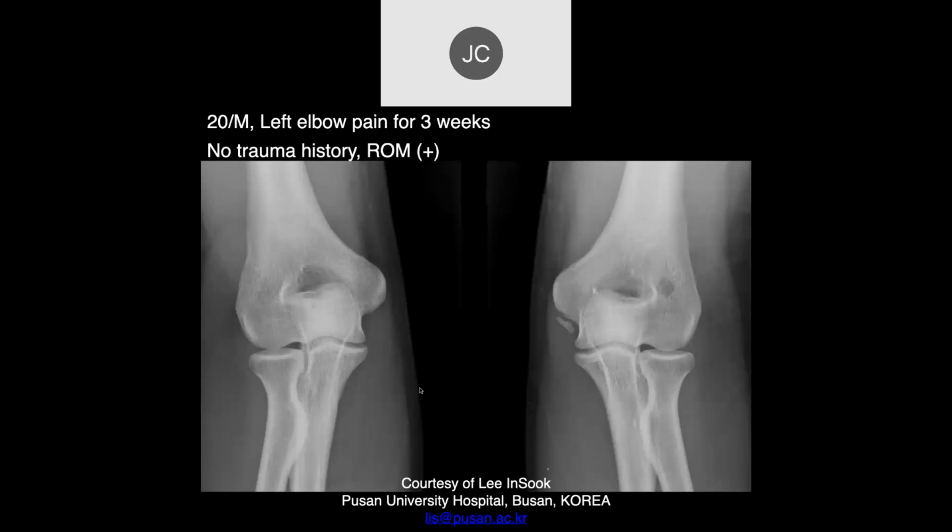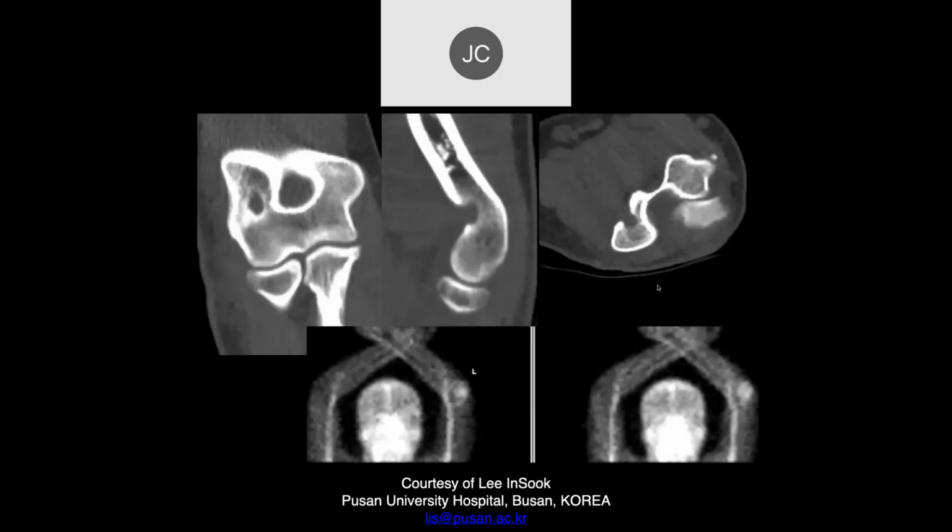Okay. Jason, what do you think of this one? All right, so two things stand out. This ossicle or bone fragment medially next to the medial epicondyle, and then there's this lucency laterally within the distal humerus. The lucency does have some surrounding sclerosis on the edges, and I think focal radiotracer uptake.